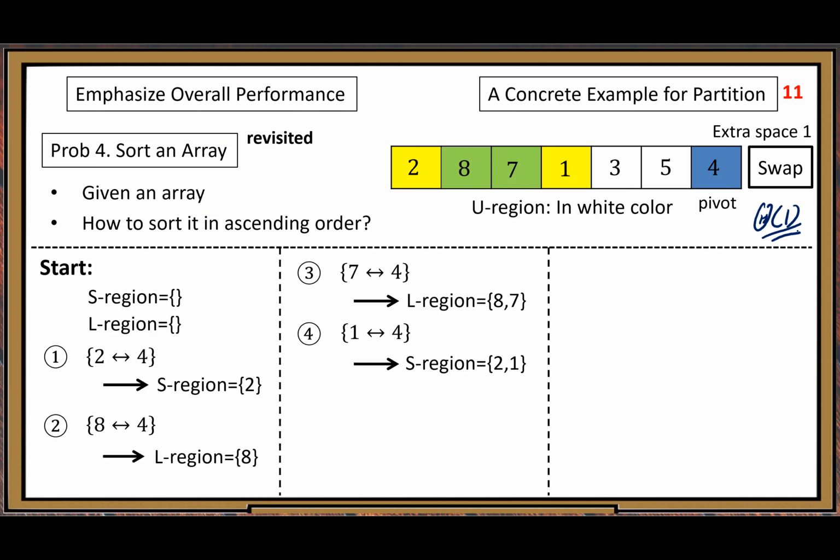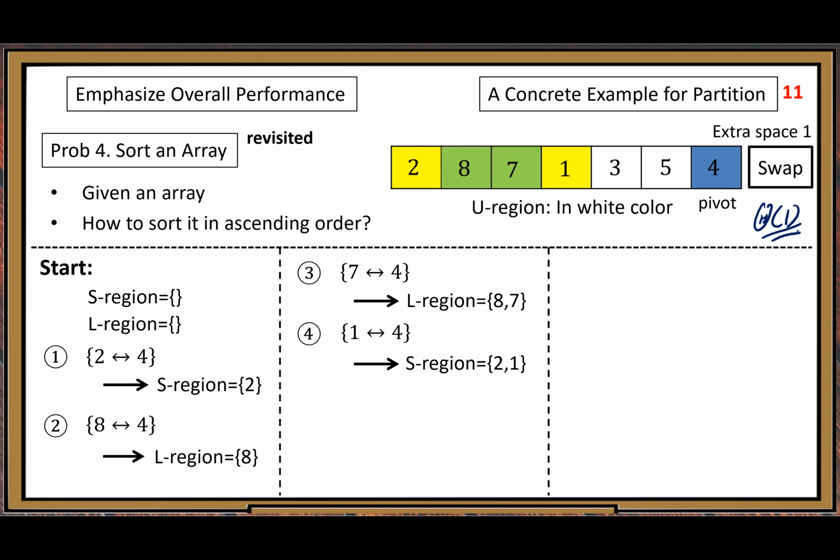We want to make all the elements in the yellow region adjacent to each other, not separated. That means we should make some adjustment to make all elements in the S region one cluster, not scattered in different places.